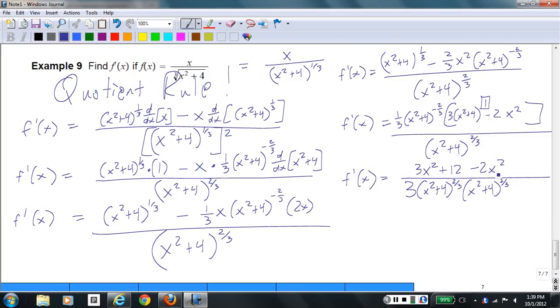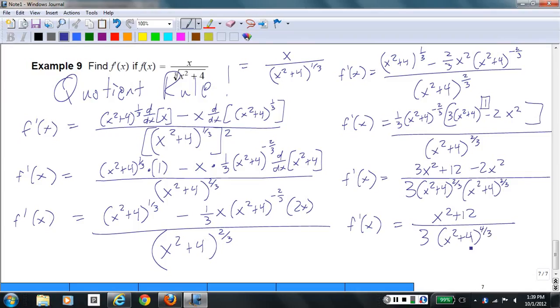Are we in a position to write the final answer? Is it about time? F prime of x equals x squared plus 12 over 3 times (x squared plus 4).